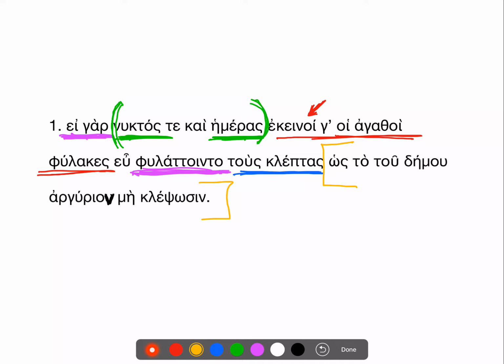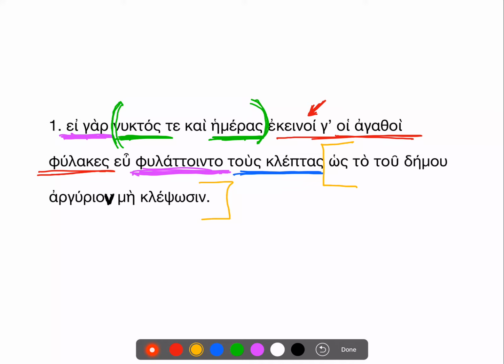Egar nuktos to kai hemeras, ἐκεῖνοι γοη agathoi phulakes, eu phulatointa tus kleptos. And we said it's an optative of wish. So let's see.